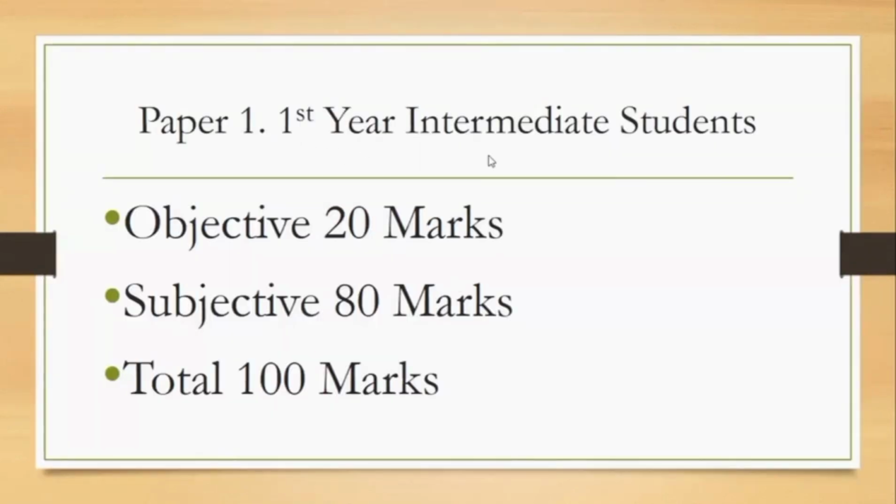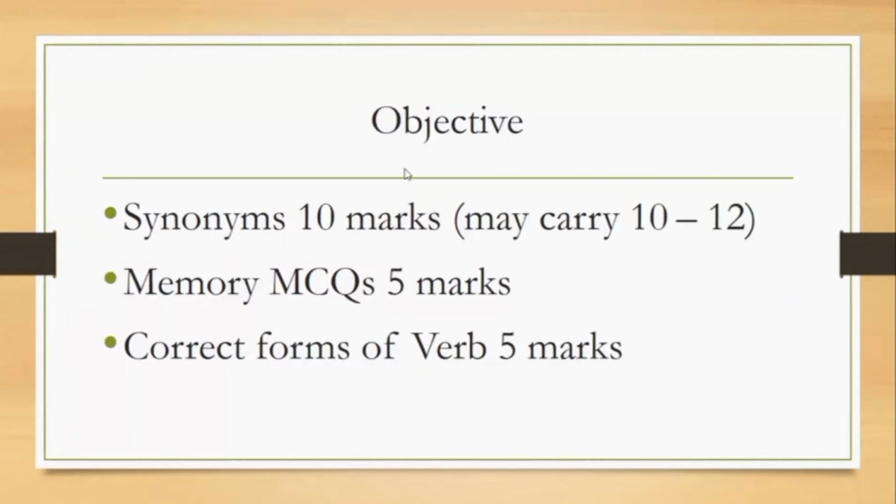For first year intermediate students, you have an exam of total 100 marks. The objective is of 20 marks and the subjective carries 80 marks. In the objective section, there are synonyms for 10 marks. In the last few years, we have seen that the number has increased from 10 to 12.